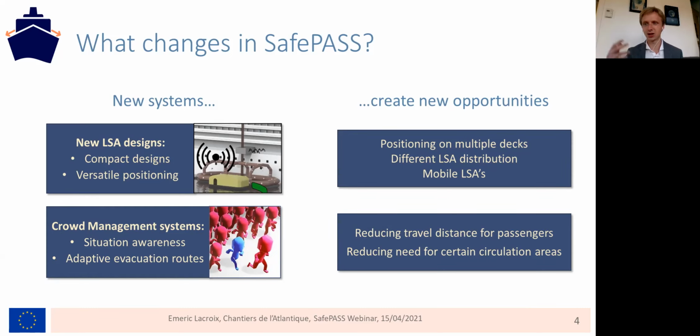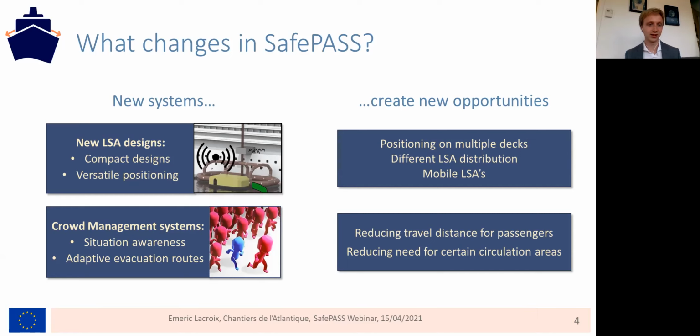You can actually put them higher or lower, even slightly lower. So you can consider to put them on multiple decks. As they're a lot more detachable, you can even consider to have mobile LSAs that you can move around the ship. That's a concept we've been looking at in SafePASS. Quite far out, but it's very interesting.